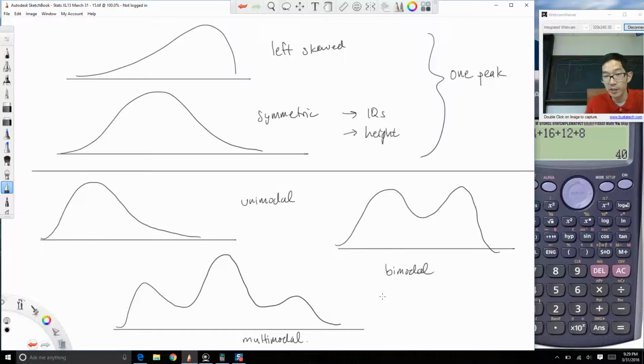Okay, can you guys think of anything that could be bimodal? Yeah. Mortality rates by age. Mortality rates by age. Old people tend to die more often than middle-aged people, and infants, especially in other parts of the world, have a higher mortality rate than 20-year-olds.